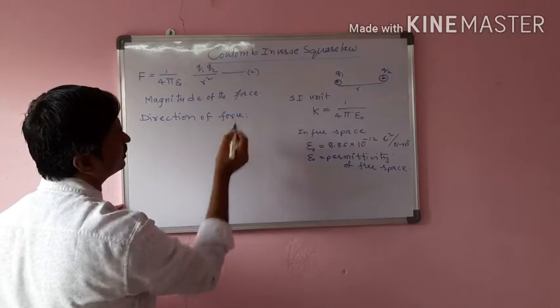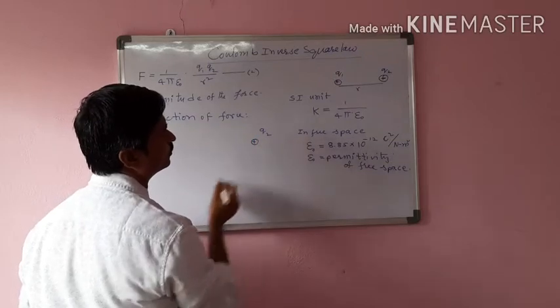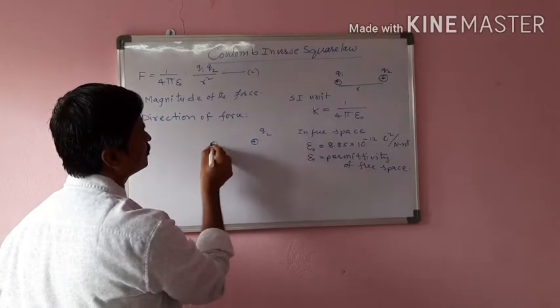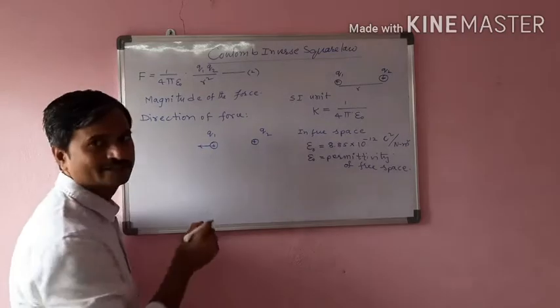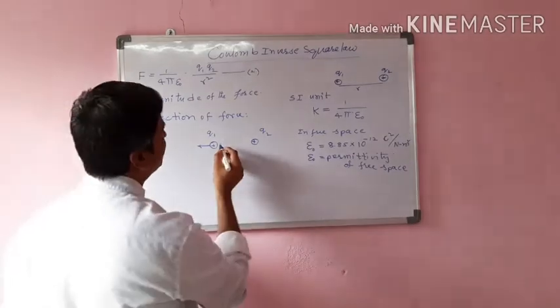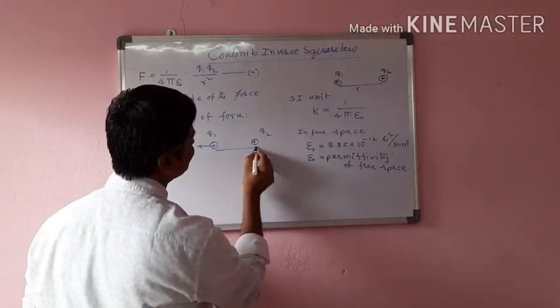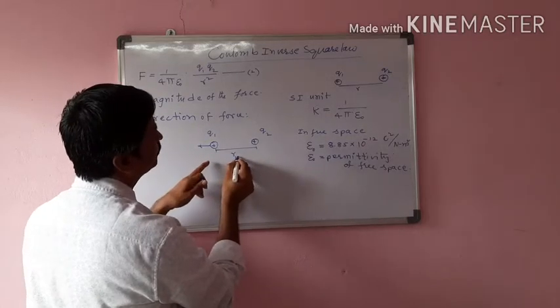Let us take this is the charge Q2 and this is the charge Q1. Suppose Q1 is repelled by Q2, then we write the distance between these two as R12.